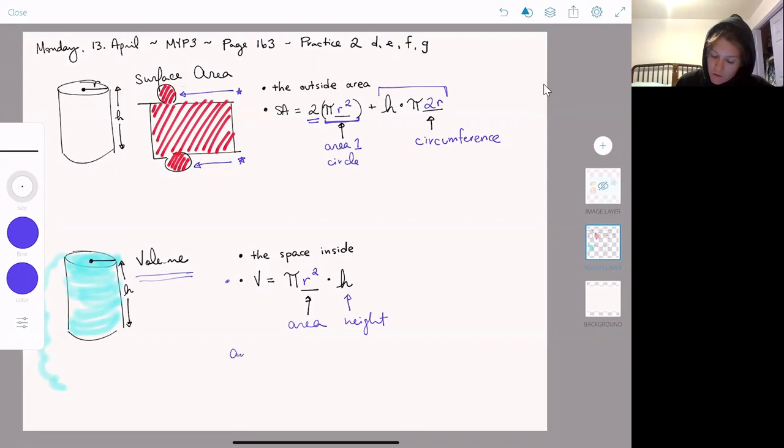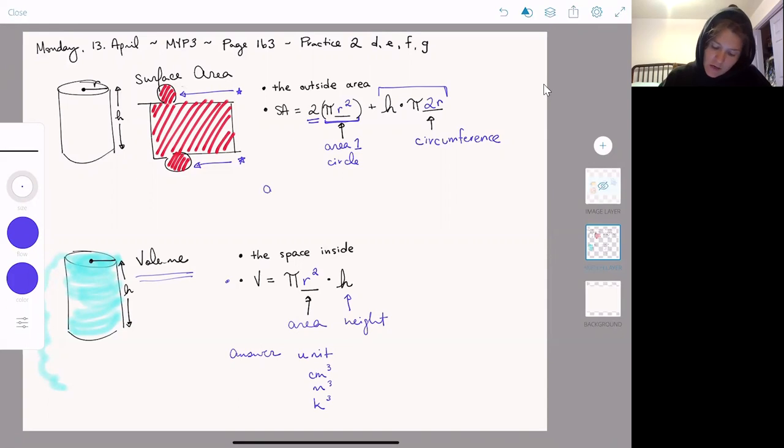Remember that your answer for these will be some unit. Your unit can be centimeters, meters, kilometers, whatever it is, but remember it's going to have an exponent of 3 because we're measuring in 3-dimensional space.